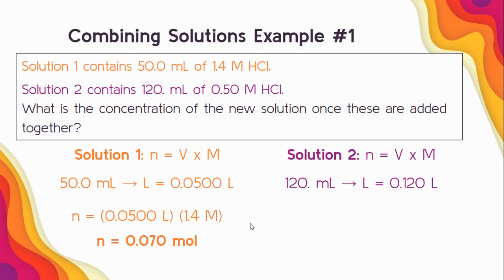So 120 milliliters, move the decimal 3 spaces to the left, maintaining 3 sig figs would get me 0.120 liters. Plug that along with the molarity into the equation, and I would have a mole value of 0.06 moles of HCl in my second solution.